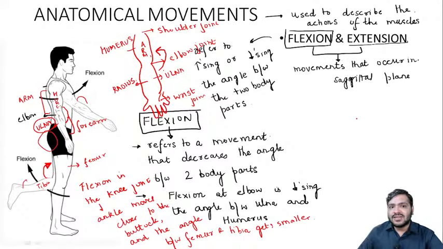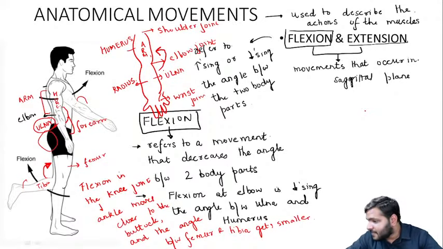I hope the flexion is clear to everyone now. What do you mean by flexion in the upper limb and flexion in the lower limb, with the help of examples related to the elbow joint and the knee joint, guys? So just give me a thumbs up. Yes, I'm waiting for your answers, guys.